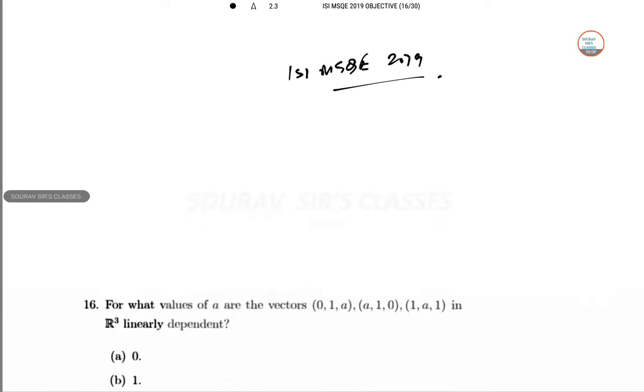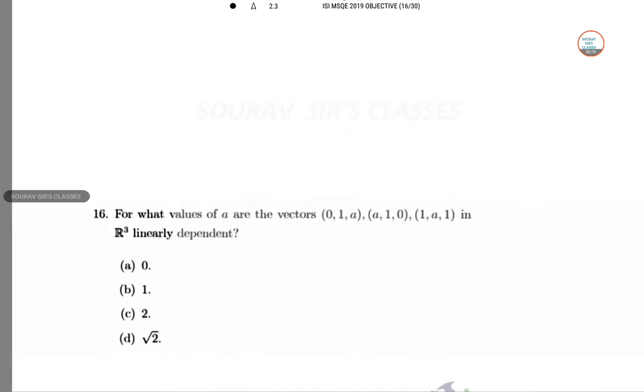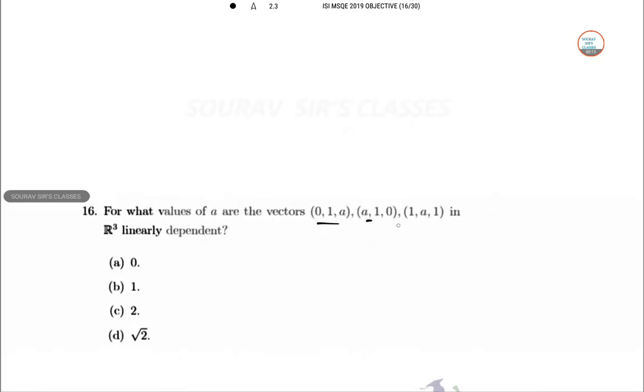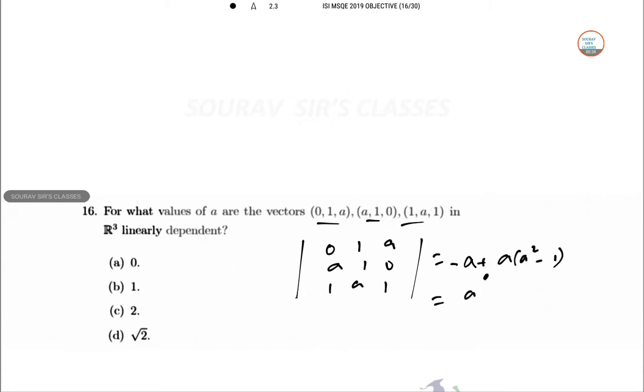For what values of A are the vectors (0, 1, A), (0, 1, A), (A, 1, 0) and (1, A, 1) in R^3 linearly dependent? For linear dependency, let's form the matrix and take its determinant. This gives minus A plus A times (A squared minus 1), so this is A cubed minus 2A.